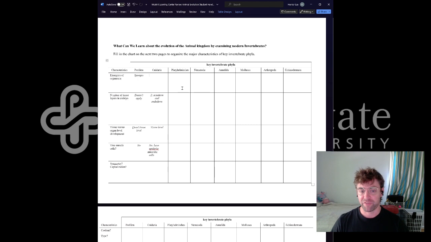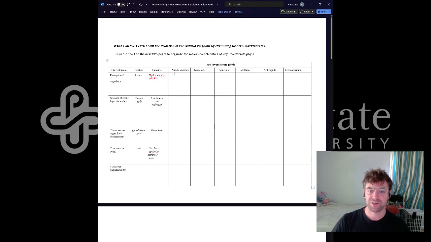First we have Porifera. The example here is sponges, and it looks exactly like what it sounds like. Cnidaria, C-N-I, Cnidaria, silent C. We have example organisms are hydra, corals, and jellyfish.